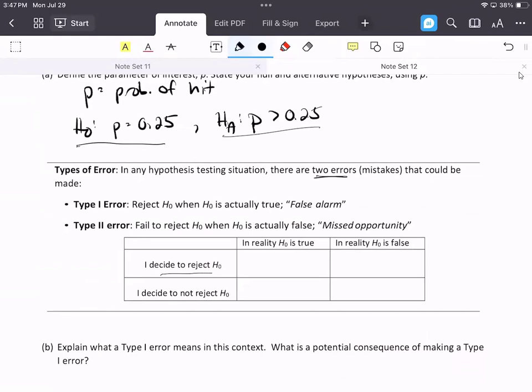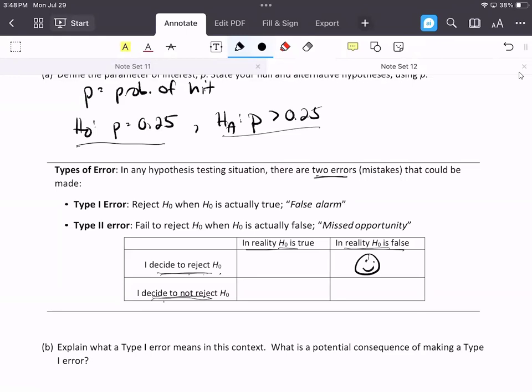Thinking about these in general, the way I start this chart is I think about, okay, I decide to reject the null. I'm going to look and say what is in each of these columns and the rows. The columns: in reality null is false, in reality null is true. The rows: I decide to reject the null, I decide to not reject the null. If I decide to reject the null and the null is false, that's great. I rejected it and I should have. I'm happy, no error.